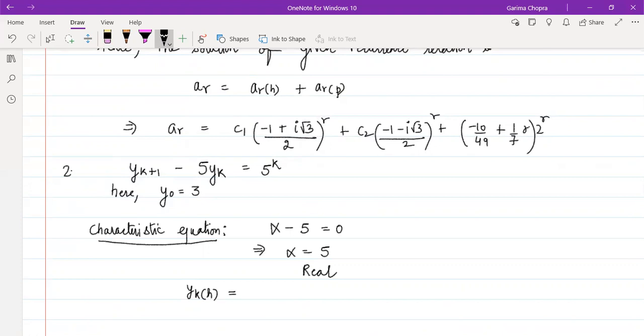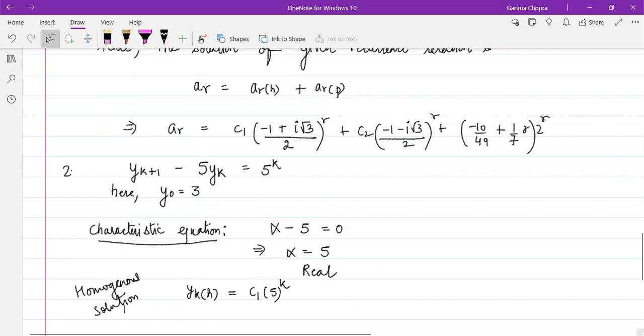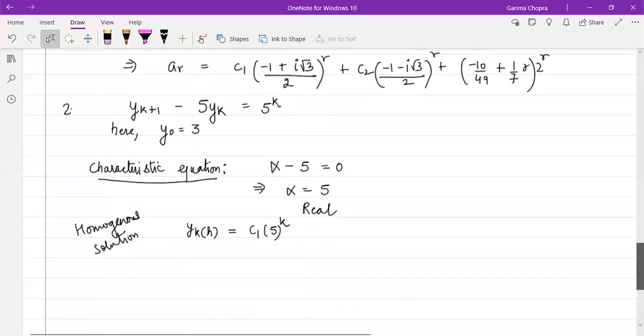So let that constant be c1, and that root is 5. So we have 5 raised to power k, since the subscript is k. This is our homogeneous solution. We will write it in the proper way as we discussed in the first problem.